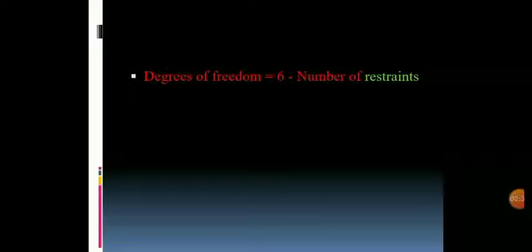So for example, if an object is in space and it is fixed on one of the axes, say the x axis, then what will happen? At that time the object will not be able to rotate about that axis and will not be able to move along that particular axis.